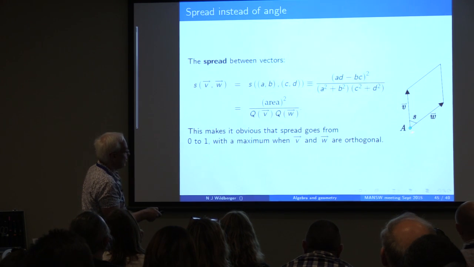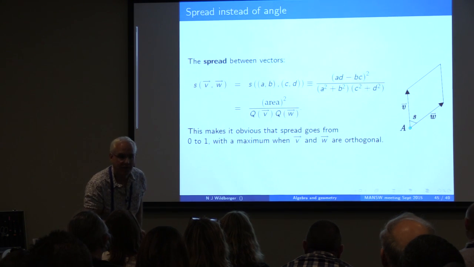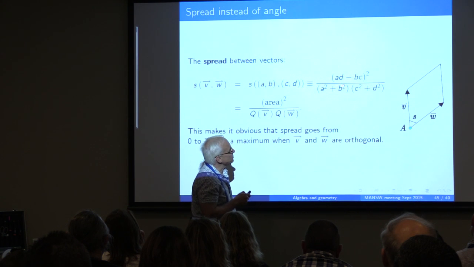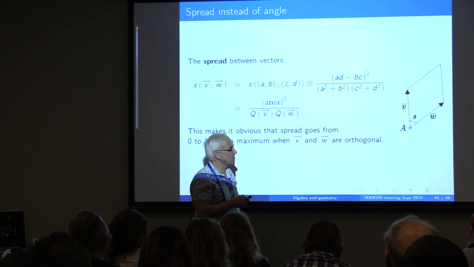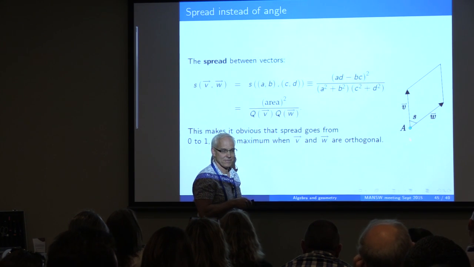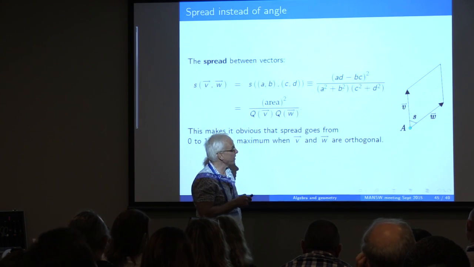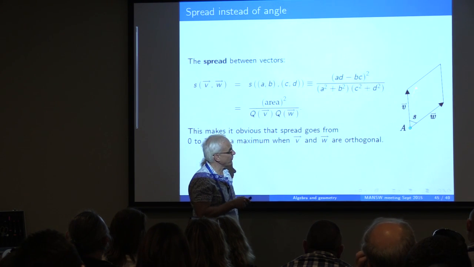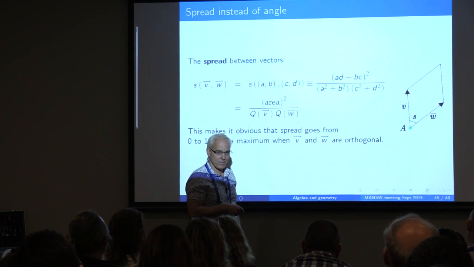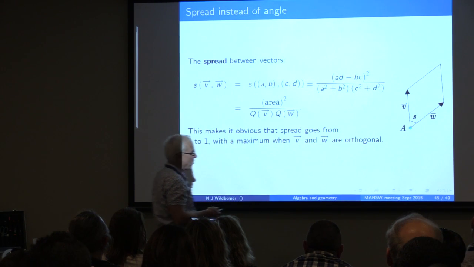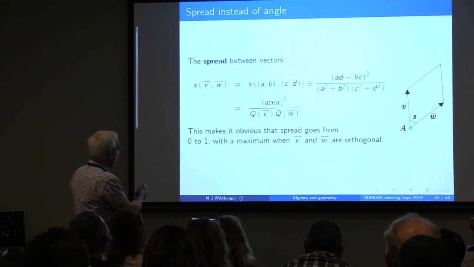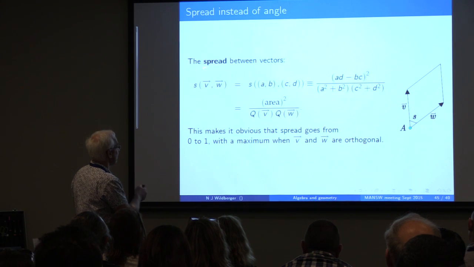You have some vector, let's say the vector AB, and another vector CD. Then the formula is you take AD minus BC, squared. I remind you that AD minus BC was the area of that parallelogram. So we're taking the area of that parallelogram and squaring it, and then dividing it by the quadrances of the sides. Basically just taking an area, squaring it, and renormalizing it in a rational way. And we call that the spread between the 2 vectors.